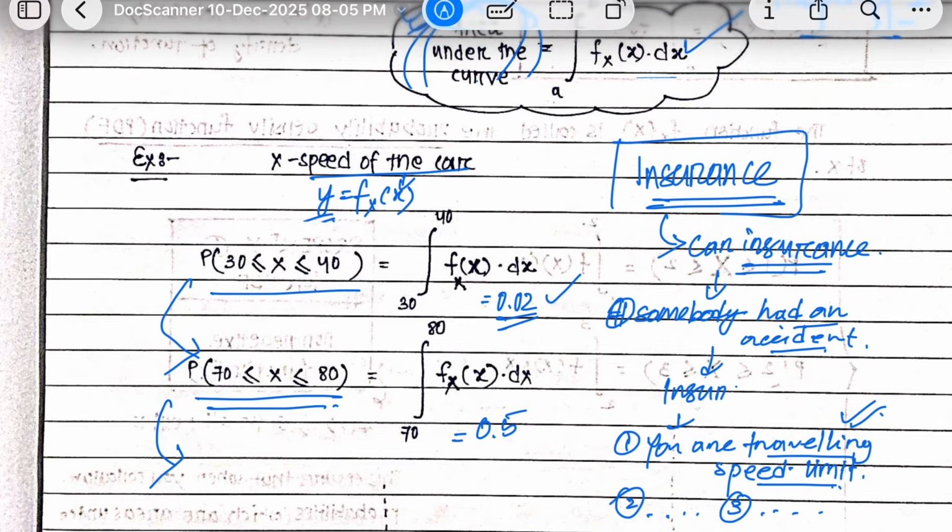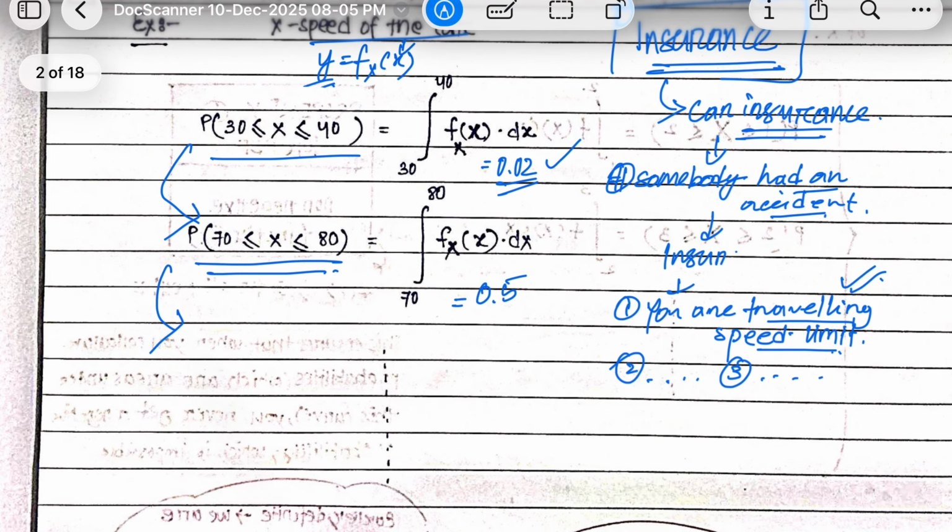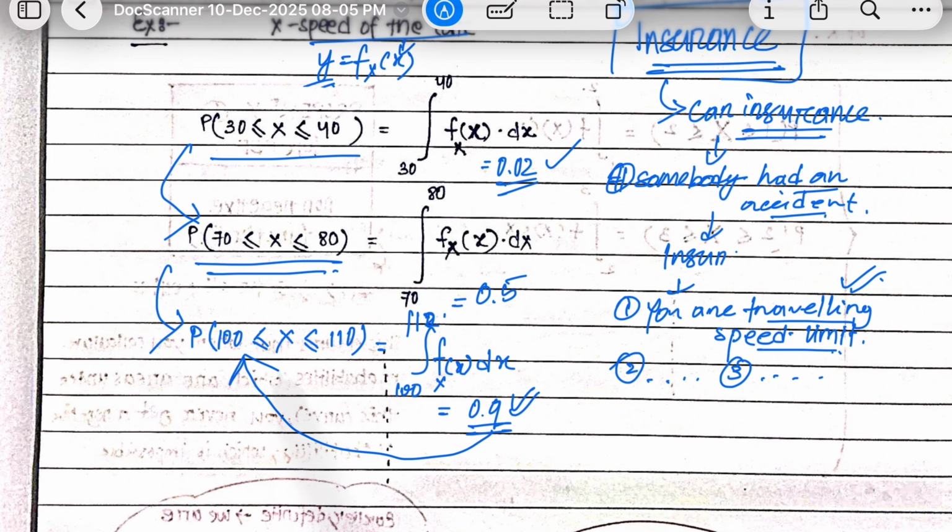Then we calculate whether the speed is above the limit. I have calculated the integral from 100 to 110 of f of x dx, and you got a value of 0.9. This is the highest probability that the car is moving at this speed.